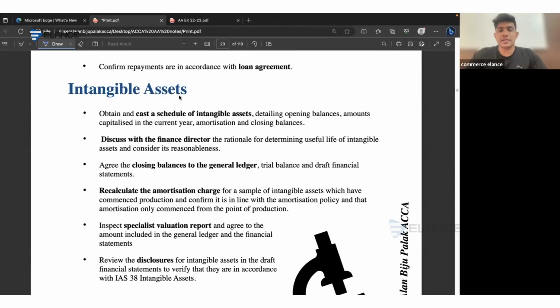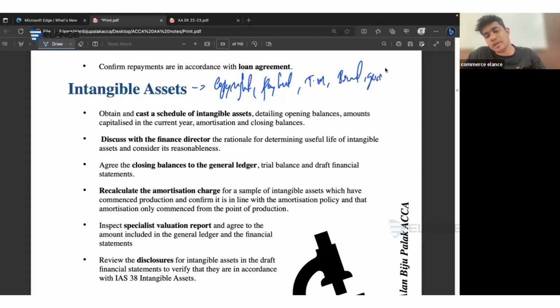Then intangible asset, as we mentioned earlier, you must always be having a confusion of intangible asset with that of the tangible asset. And when it comes to intangible asset, you have to consider all the intangible assets. Say, for example, consider that the company has purchased a copyright or a patent or any kind of trademark or brand or goodwill. In all these cases, you can write the points in relation to the intangible assets itself.